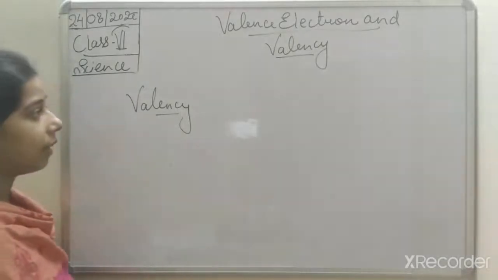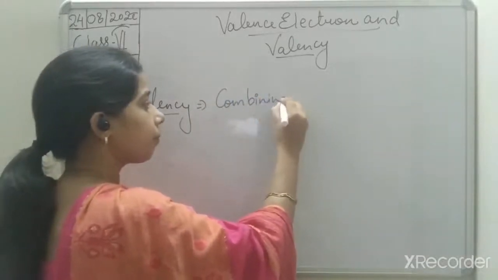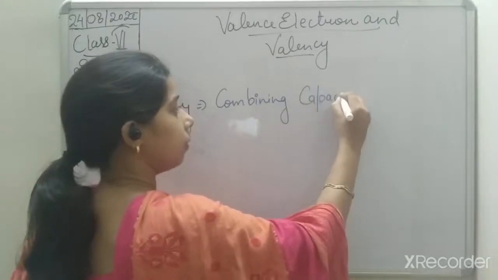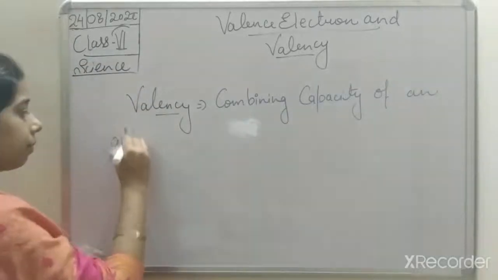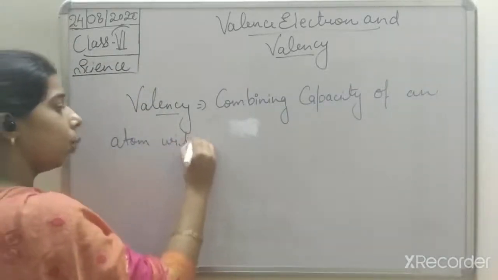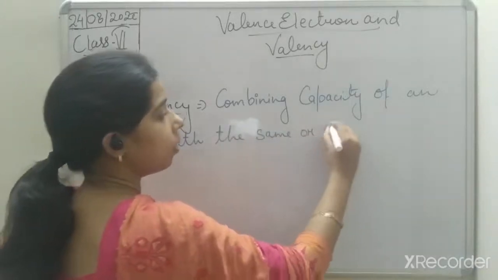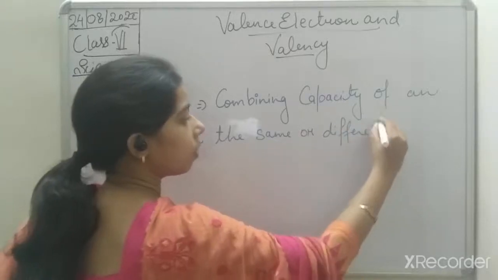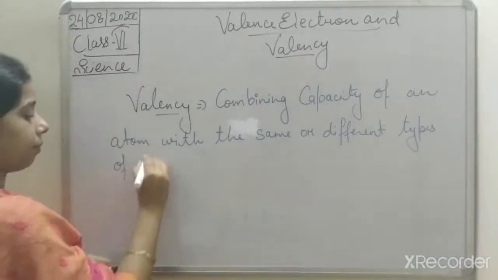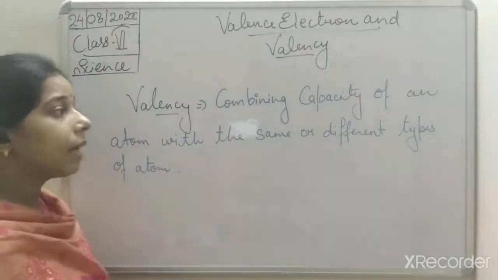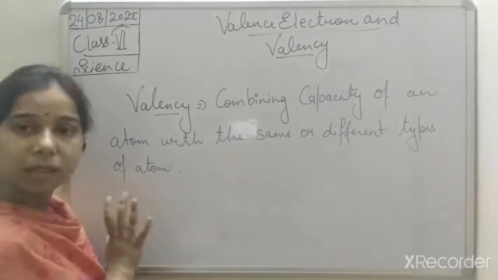So valency is the combining capacity of an atom with the same or a different type of atom.